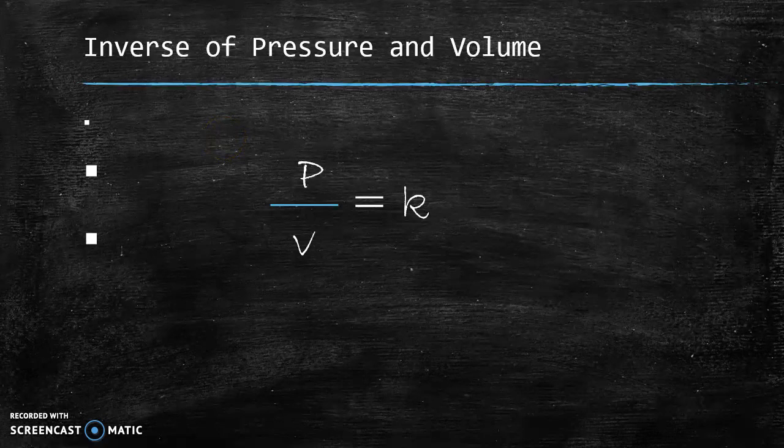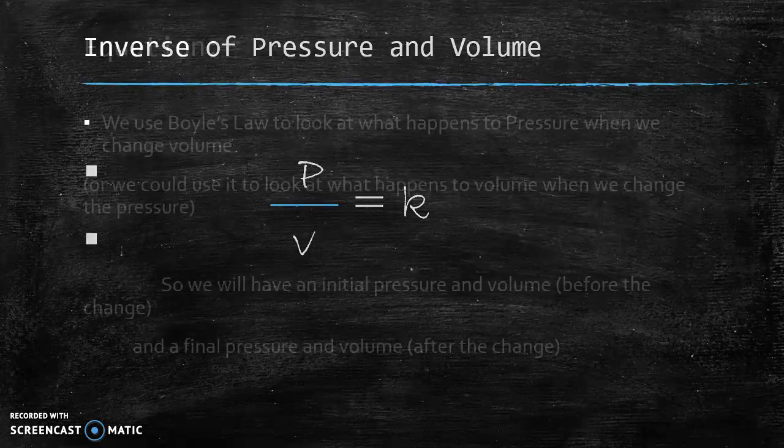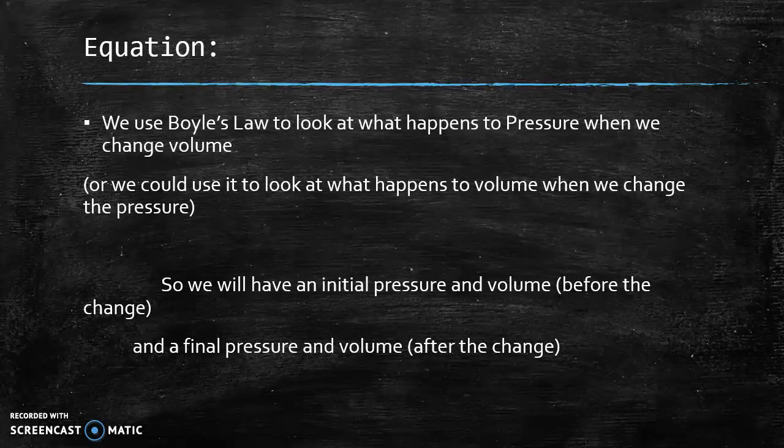What we're going to use is an equation that helps you figure out what happens when you change either pressure or volume, and what's going to happen to the other variable. Boyle's law is used to look at what happens to pressure when we change volume, or we can use it to see what happens when volume gets changed by changing pressure.